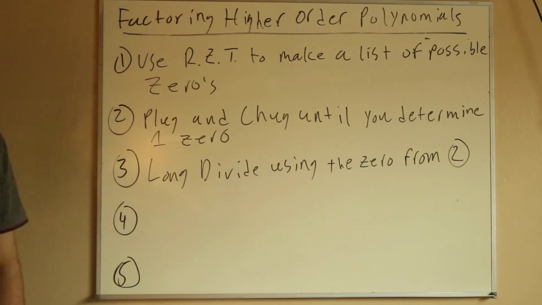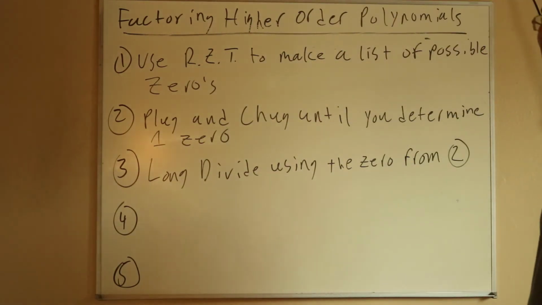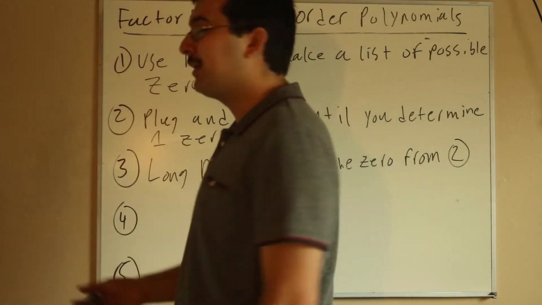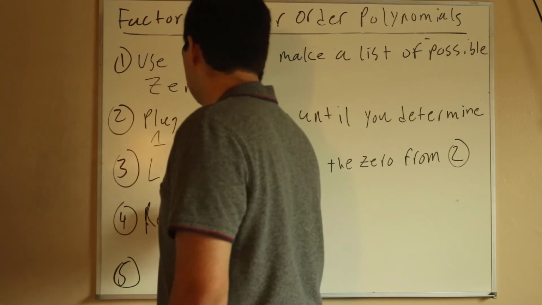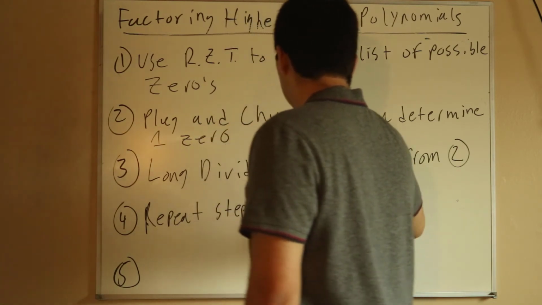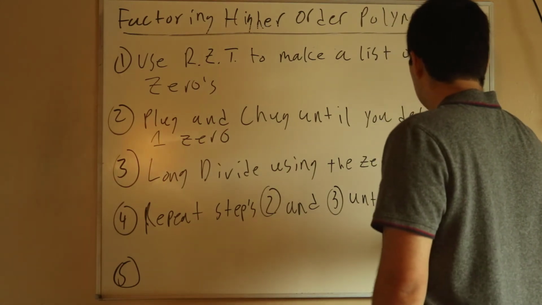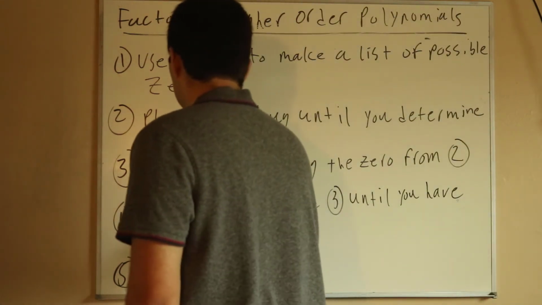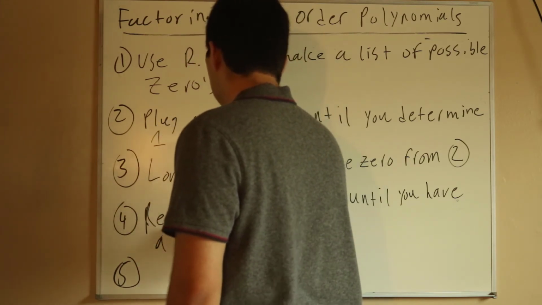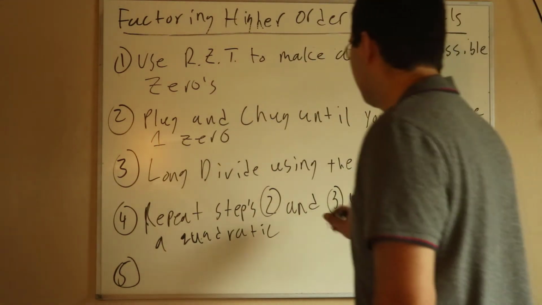And then step 4. Step 4 is kind of a tricky one. It kind of breaks the idea that this is a 5-step process, because step 4 is repeat steps 2 and 3 until you have a quadratic left over.